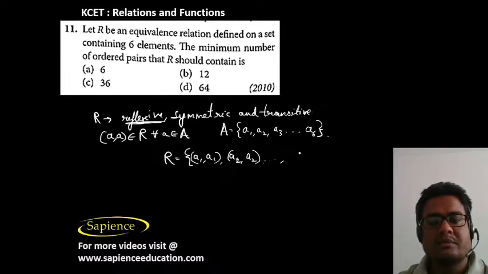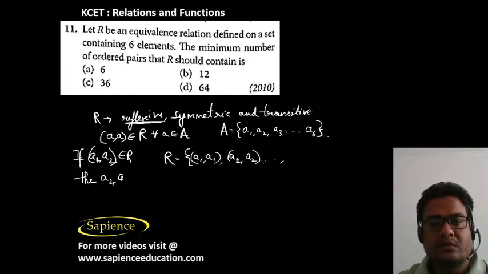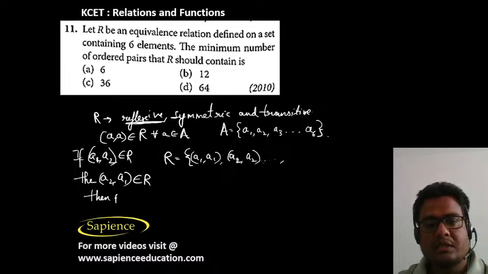And then symmetric, it means that if (A1, A2) belongs to R, then (A2, A1) should also belong to the relation R. Then only I can say that the relation R is symmetric.